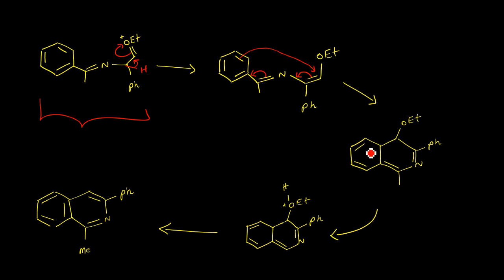So we will have our compound like this. As you can see, a new bond is being formed between this and this carbon. This carbon over here has been directly attached to oxygen. As you can see here, this carbon is directly attached to oxygen. So here the cyclization happens.